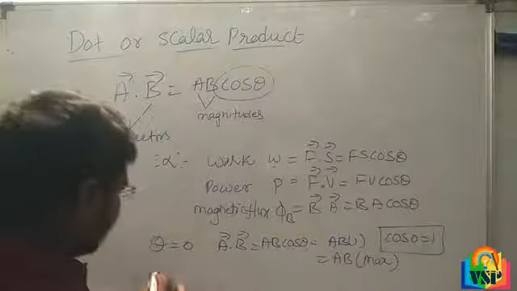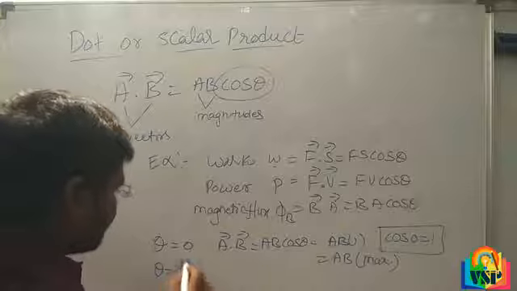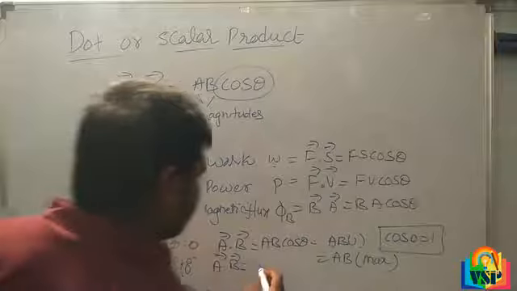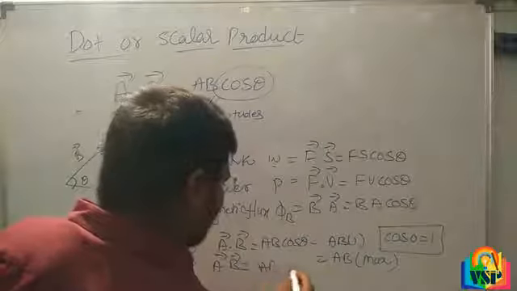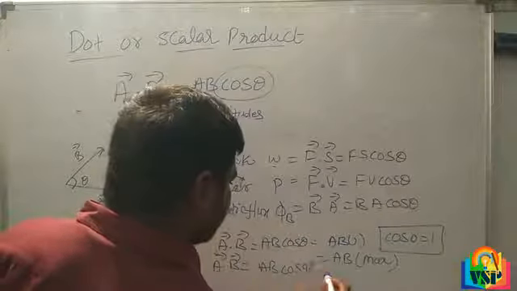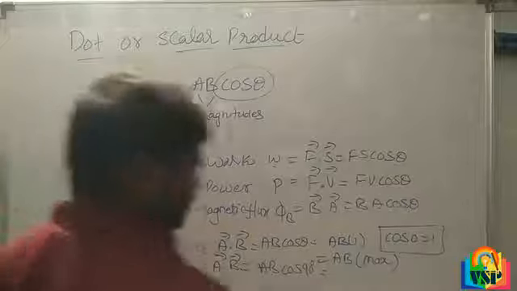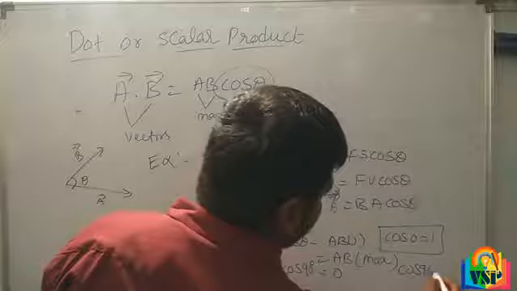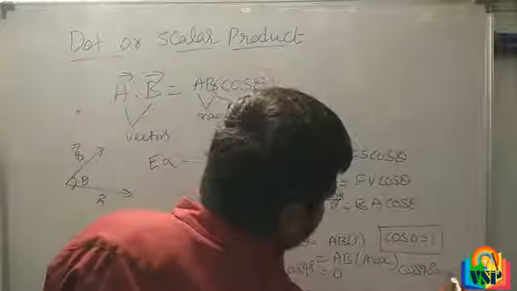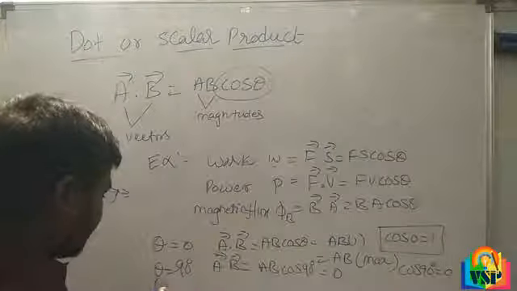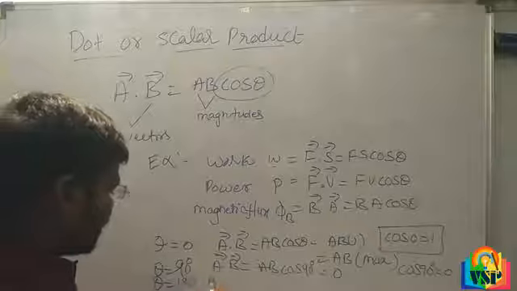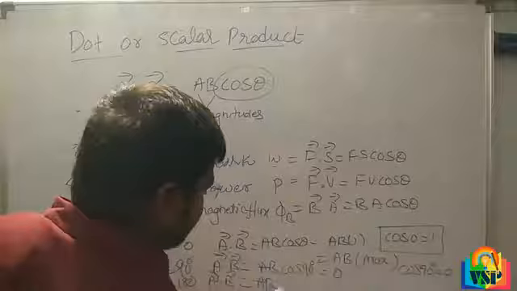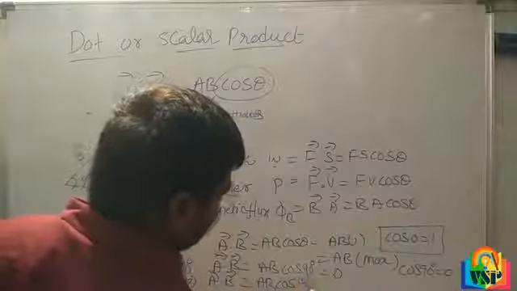Theta value 90 degrees: A bar dot B bar is equal to AB cos 90 degrees, and we get 0, because cos 90 degrees is 0. Next, theta value 180 degrees: A bar dot B bar is equal to AB cos 180 degrees.